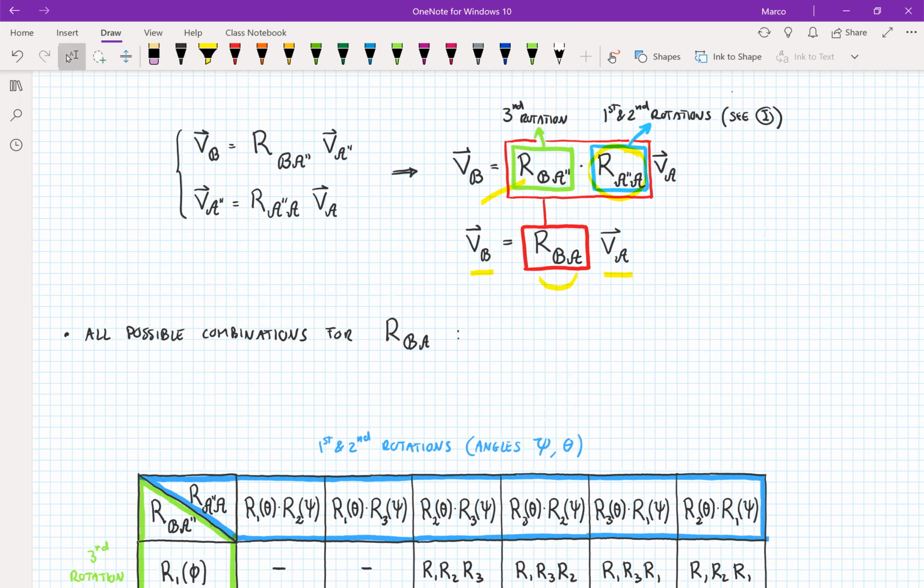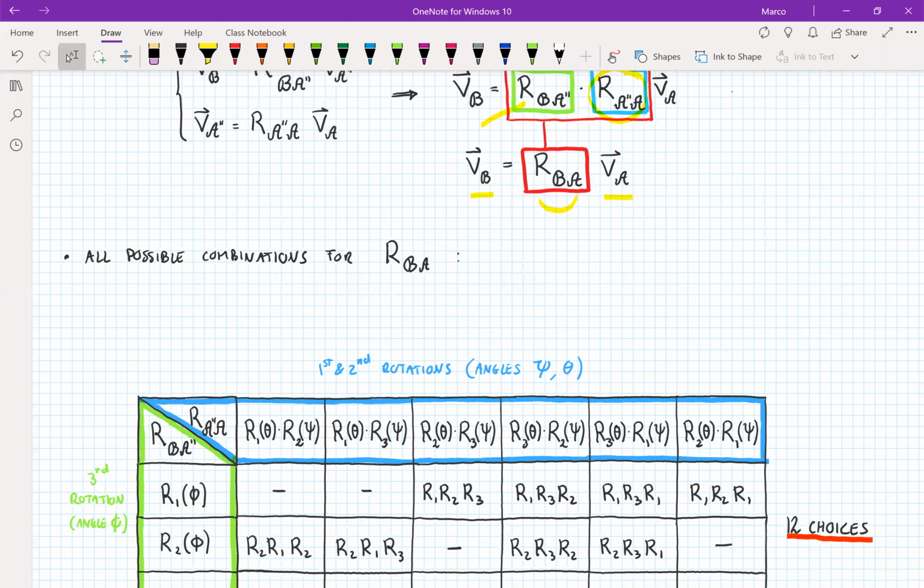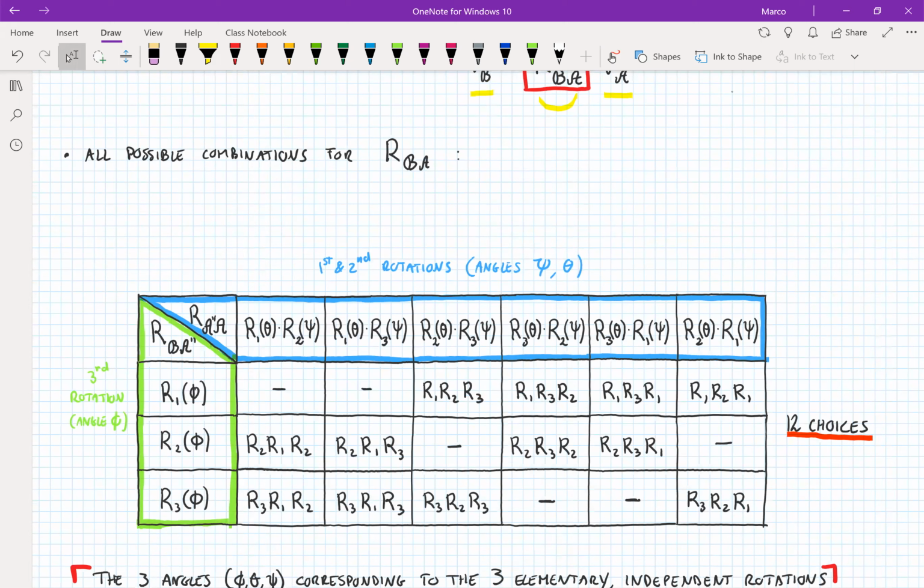Now, what about all possible combinations for RBA? Well, we're going to have more cases, obviously, because now we're adding a third degree of freedom, if you wish. So now in this row, I have the 6 possible combinations for a composition of 2 elementary rotations that we saw earlier.